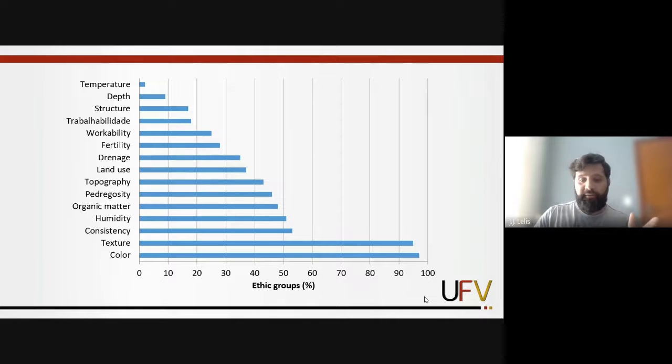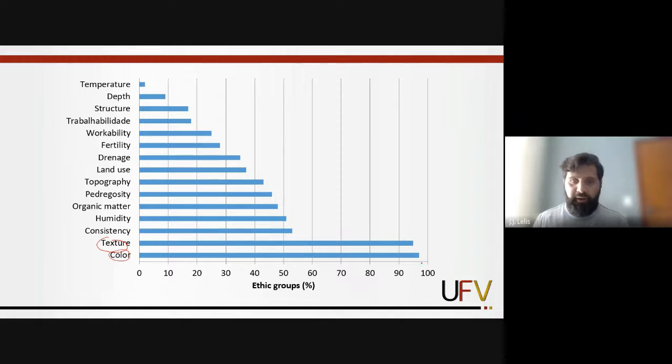We start to talk about some descriptions specifically for soil. In the next classes, we'll discuss some other information that we have to measure and describe, okay? In this figure, we can see several soil properties that are described for soil classification, and the texture and color are the main soil properties to be described.